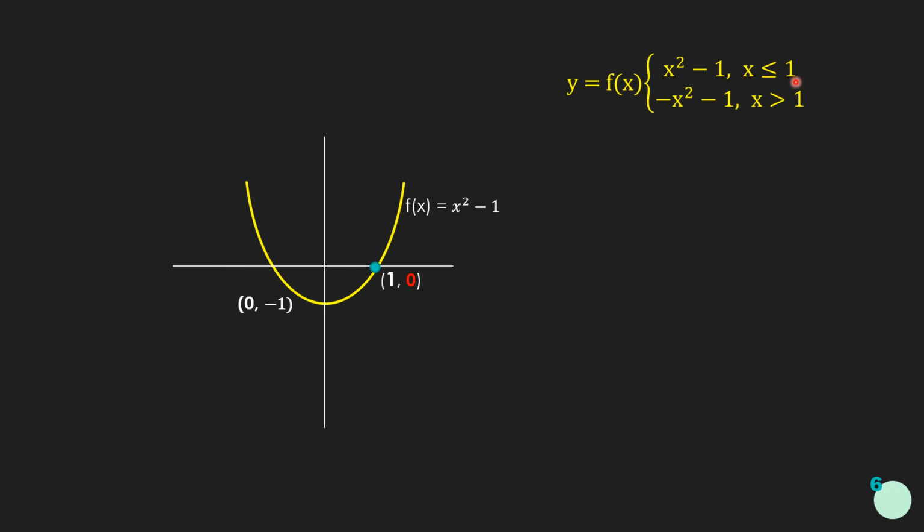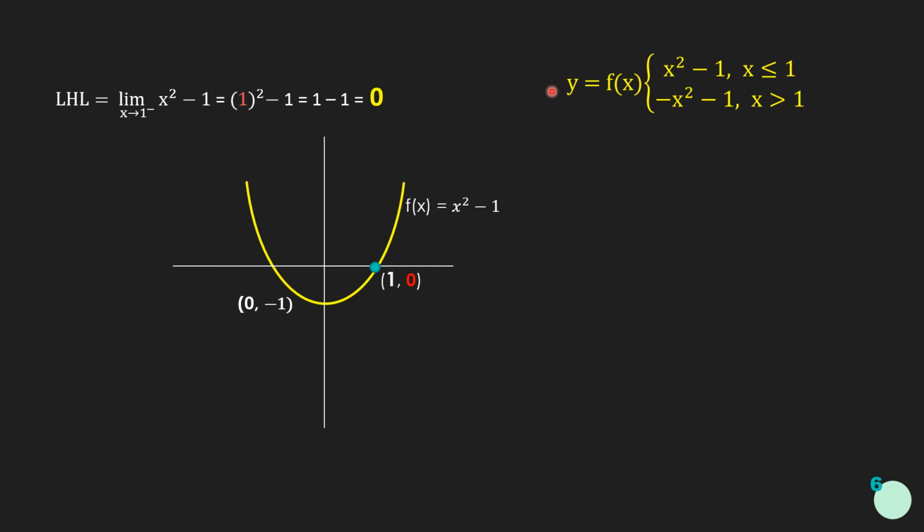As x approaches 1 from left side, for finding left hand limit, we have to choose x square minus 1. So the left hand limit will be LHL equals limit x square minus 1 as x approaches 1 negative, which will be 1 square minus 1 equals 1 minus 1 equals 0.